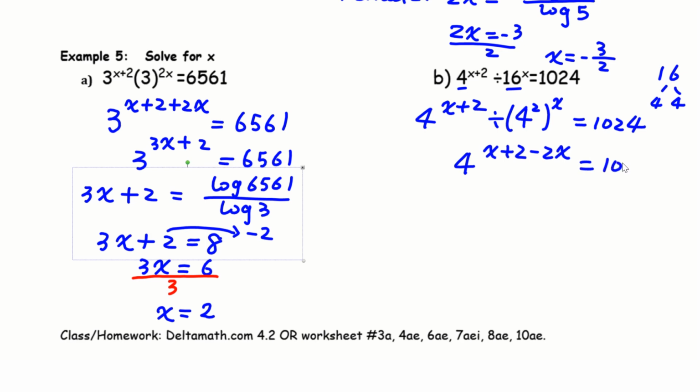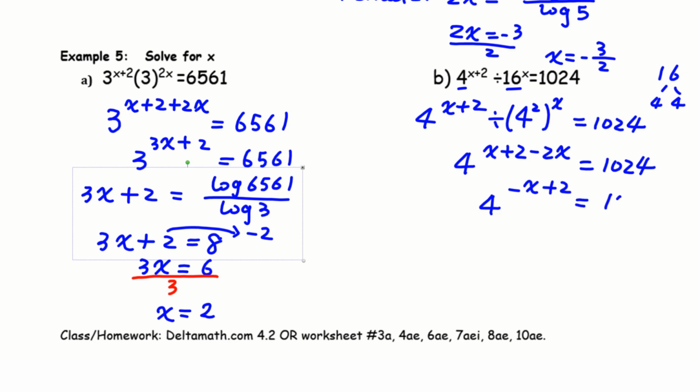Equals 1024. Then 4 to the exponent, collect the like terms. Same variable, same degree, they are like terms. We just add or subtract the numbers in front of the like terms. No number means 1. 1 minus 2 is minus 1, so negative x plus 2.